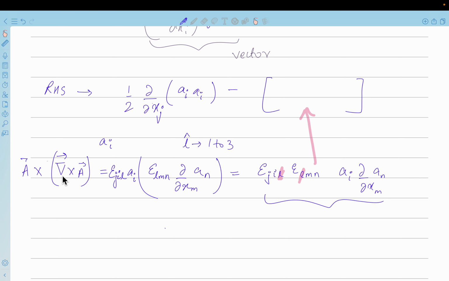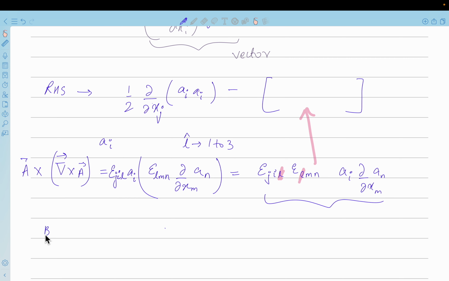So you have to take the derivative, and in A cross B cross C, for example, there will be some terms like B dot C. So then you have to remember whether it has to operate like a divergence or whether it has to operate like a gradient. So these terms you'll have to see.